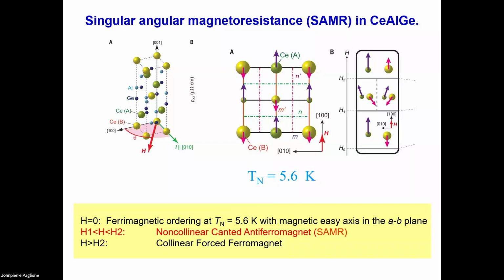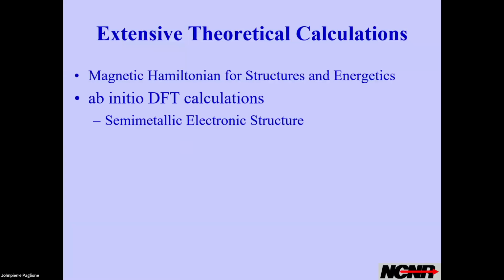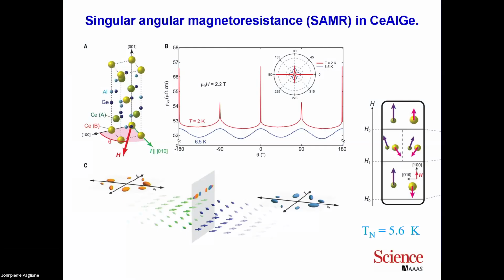And so when you sweep through this 010 direction, you go from one type of domain to the other type of domain. And what the theorists figured out, and I'll skip the details, is that if you look at the Fermi surface for these 2 magnetic structures, and they're very strongly coupled, and there are some Weyl points very close by, from one side to the other, and you can see kind of the projection here, they don't match up.